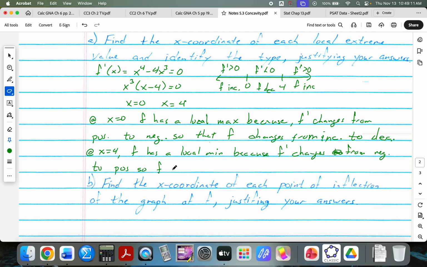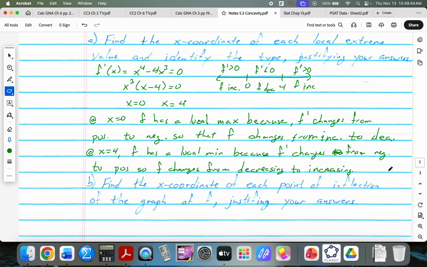So f changes from decreasing to increasing. So far, so good? All right.